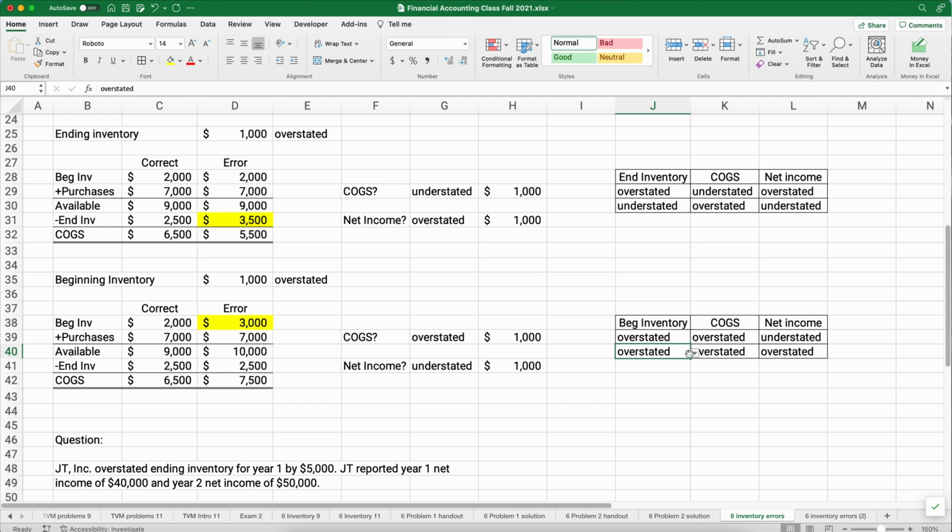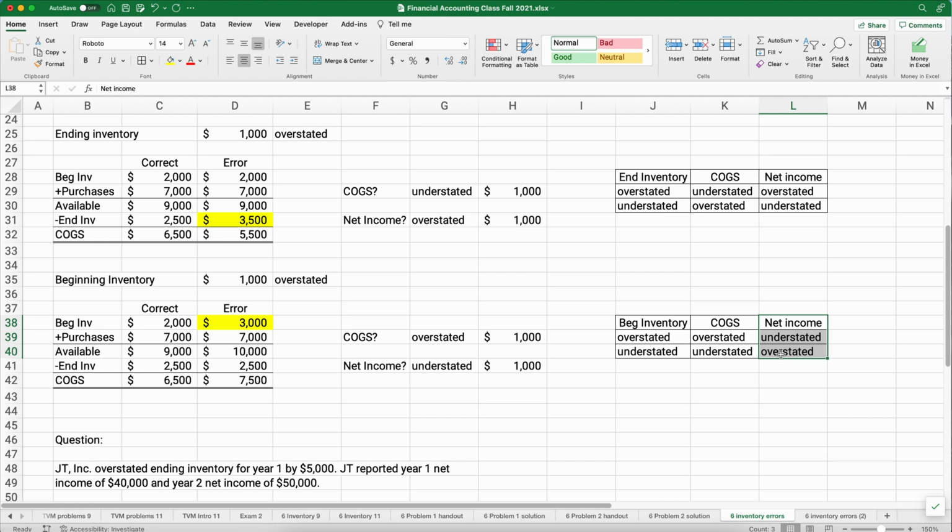If our beginning inventory is understated, then our cost of goods sold is going to be understated, and our net income will be overstated. Now, if we look at ending inventory and net income, they move in the same direction. If we look at beginning inventory and net income, they move in opposite directions.